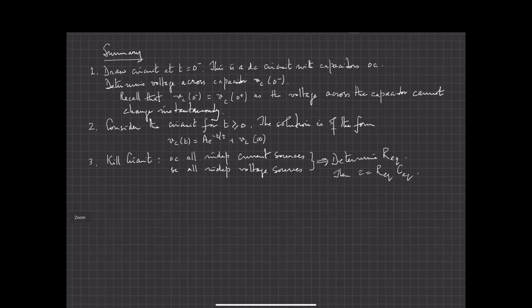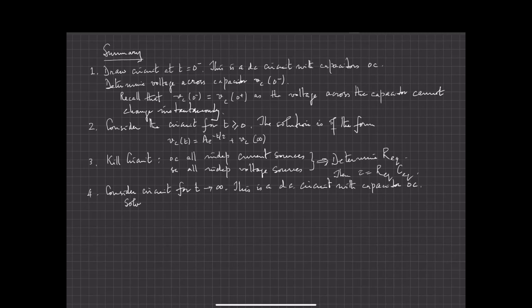Step 4, consider the circuit for t tending towards infinity. This is a DC circuit with the capacitor open circuited.